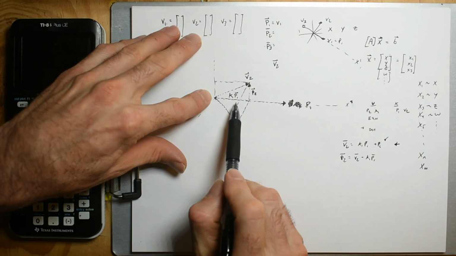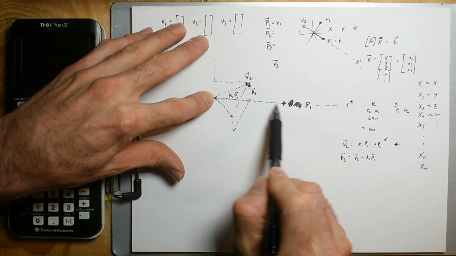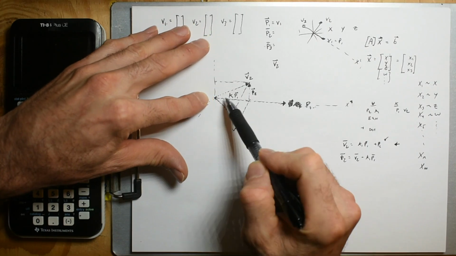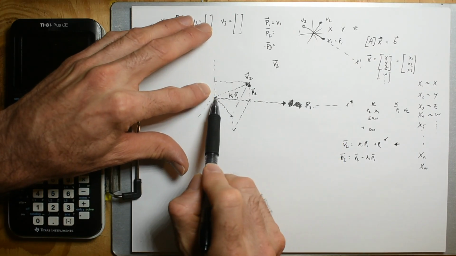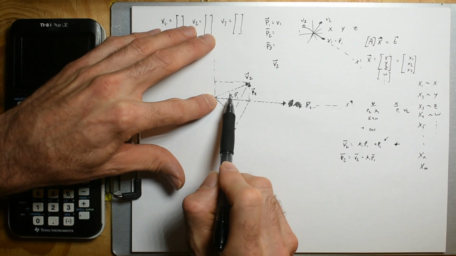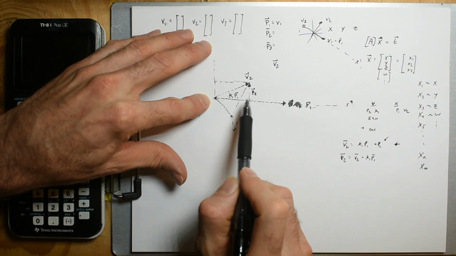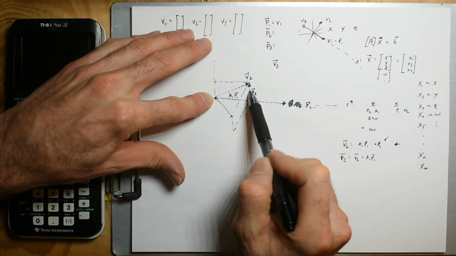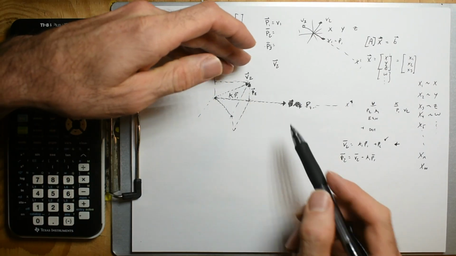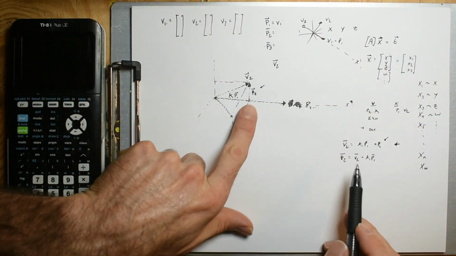So even right now, I know what P1 is, I know what V2 is, and I know what this one is as a function of a scalar, and I know how to get to V2. I can go this way and this way. And so right now I can at least get an equation for P2.